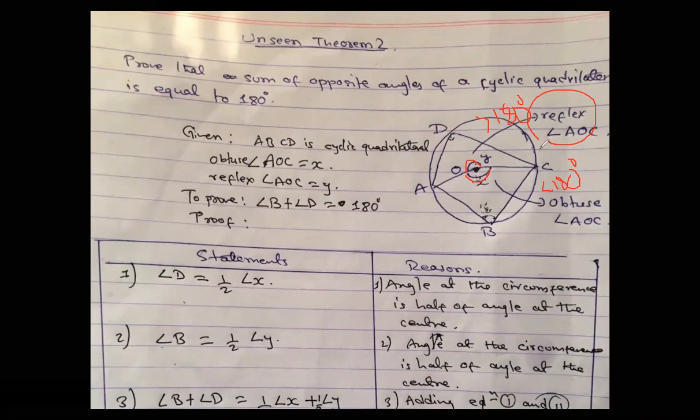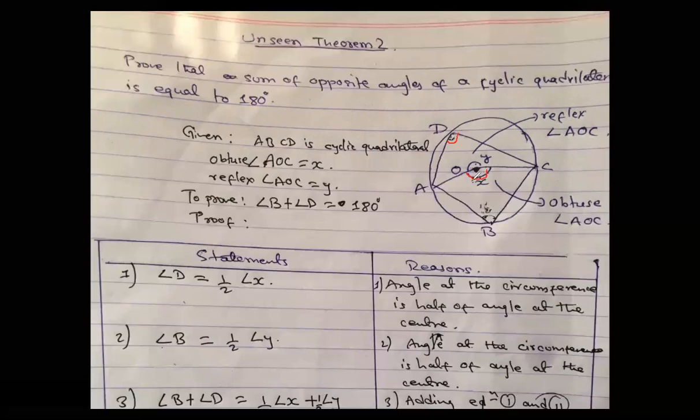Okay, now के गरौँ भन्दाखेरि, सो एंगल डी भनेको अघिको थ्योरममै अब स्टार्ट गर्ने, सो यसलाई क्लियर गरौँ पहिला. So this angle and this angle, what is the relation between this angle D and angle X? That means angle D is the angle at the circumference, angle AOC, they are double, okay.